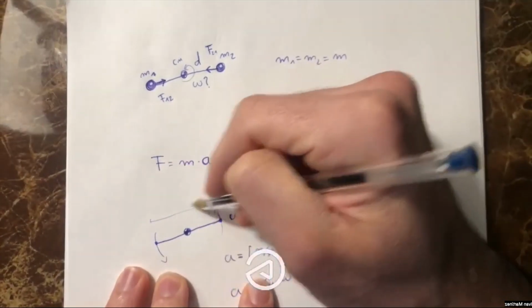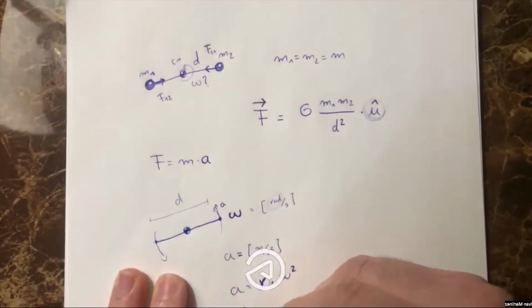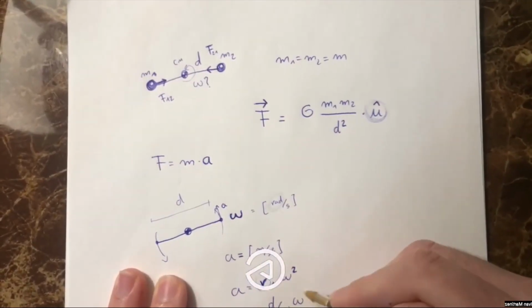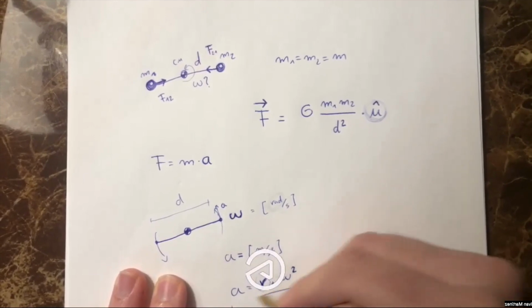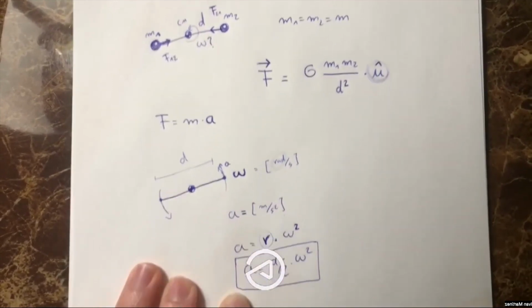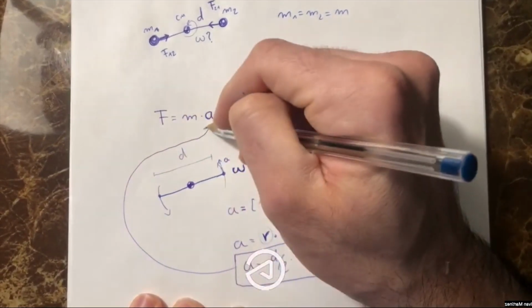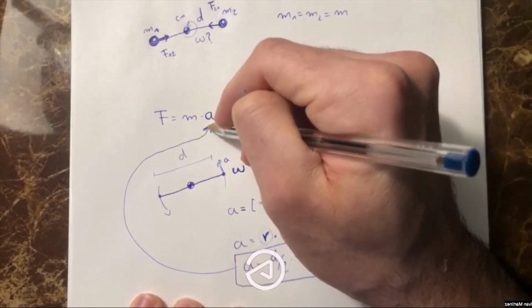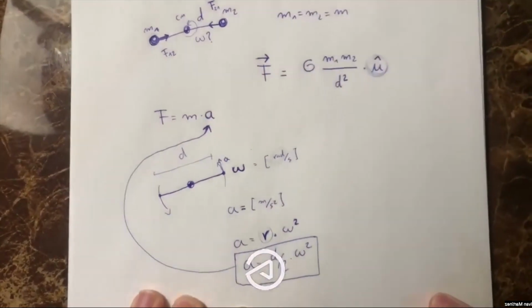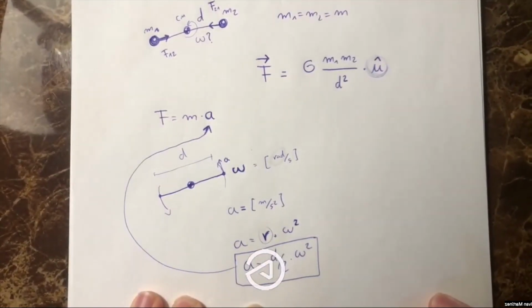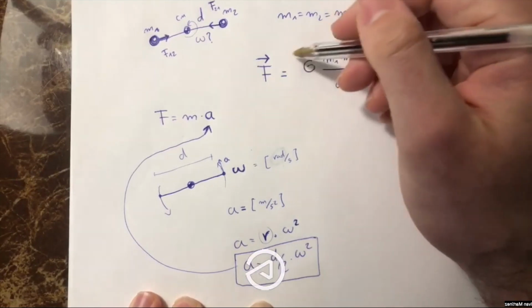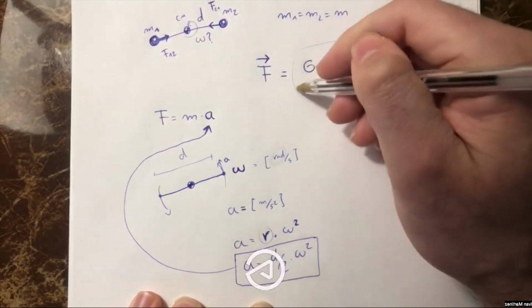This is D, it's D divided by 2. This is the acceleration. We can substitute this here, and we can substitute the force here.